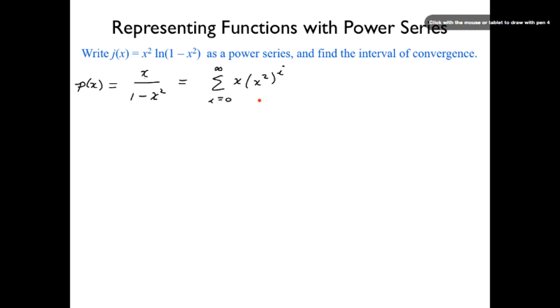So for simplicity's sake, this is the same as x to the 2i plus 1. Good. So rewriting that as x to the 2i plus 1. See that? Should be easy. We got what?